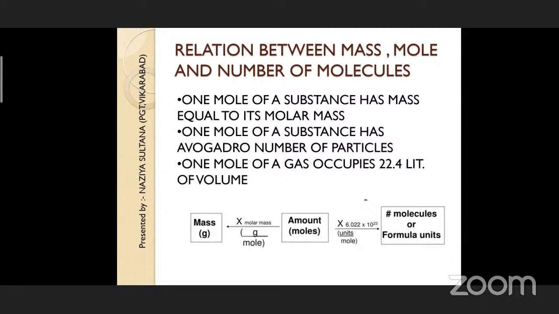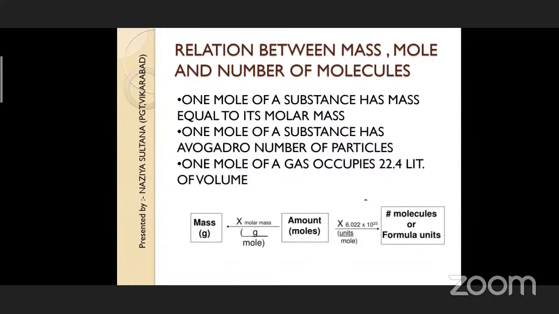This is about the mole, the amount of a substance. It is the ratio of the given weight of the substance to the molecular weight of the substance. That is what is called 1 mole. 1 mole of a substance has a weight equal to its molecular weight. 1 mole of a gas at STP occupies 22.4 liters of volume.